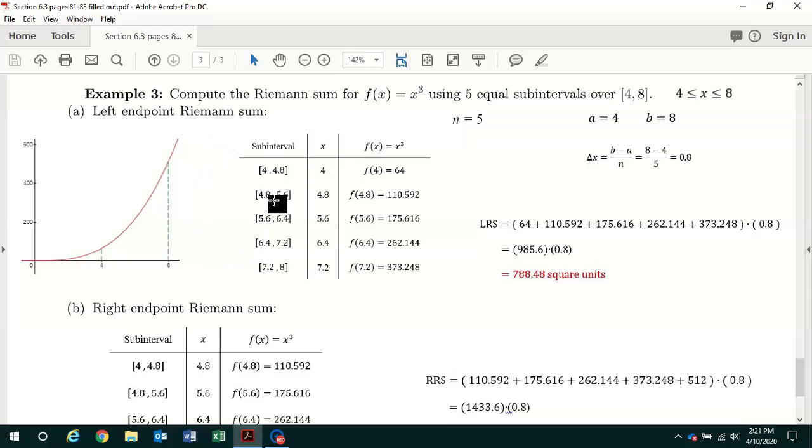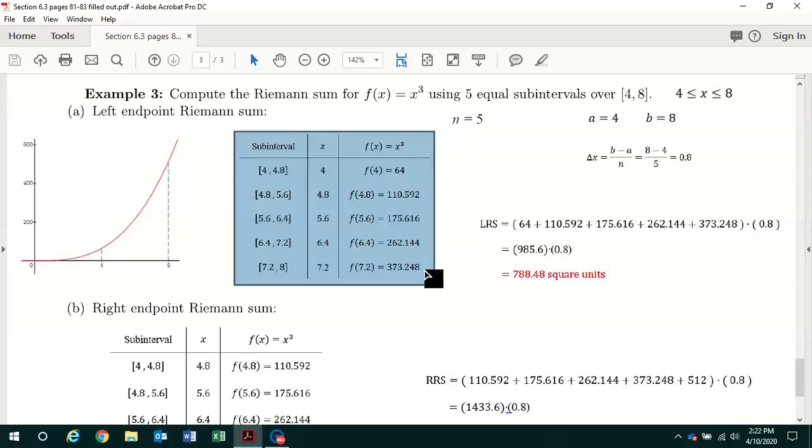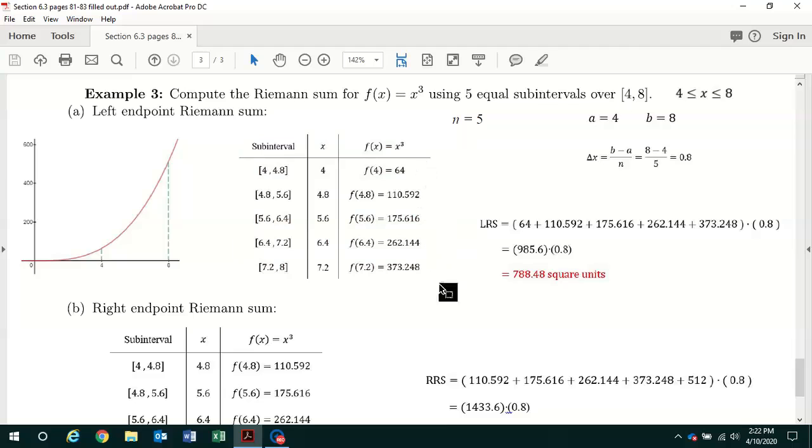So we use the left number in each of these intervals for a value of x, and then we calculate the height of each rectangle by evaluating the function at each of these 5 values of x, and you can see we get some interesting numbers. And so these are the 5 heights of the 5 rectangles.